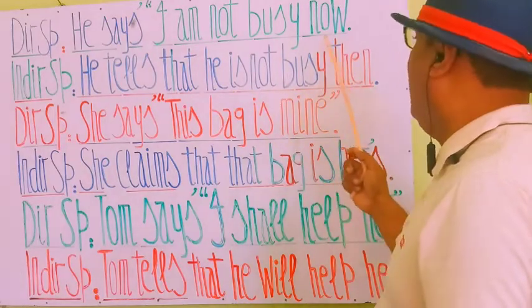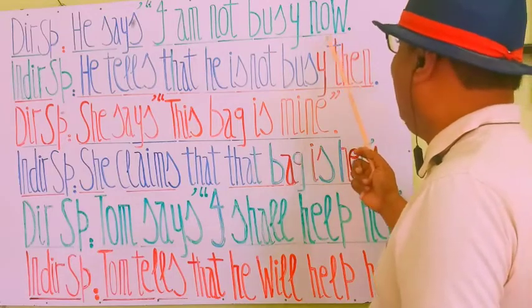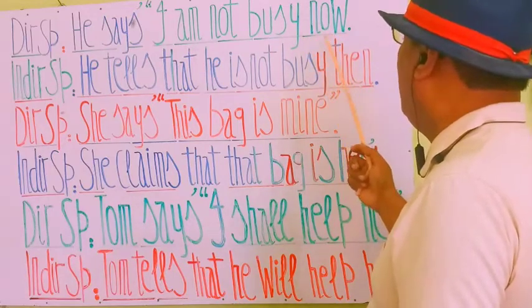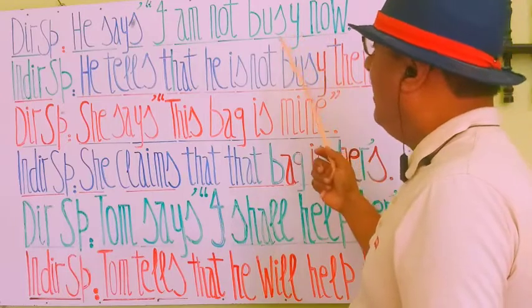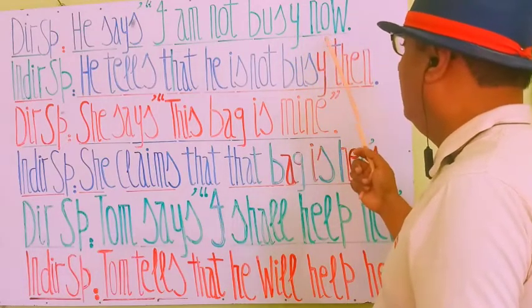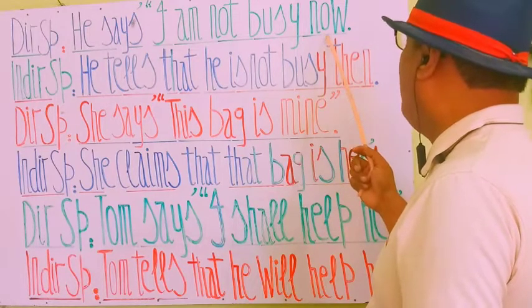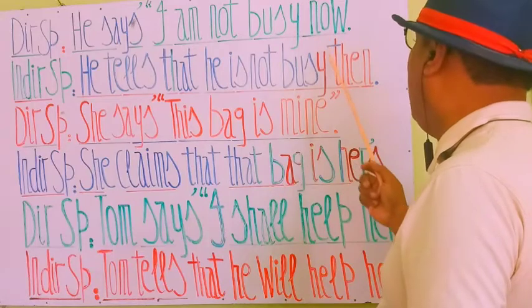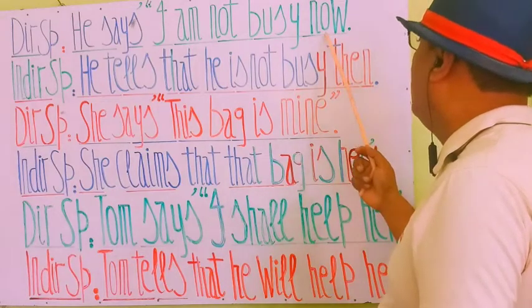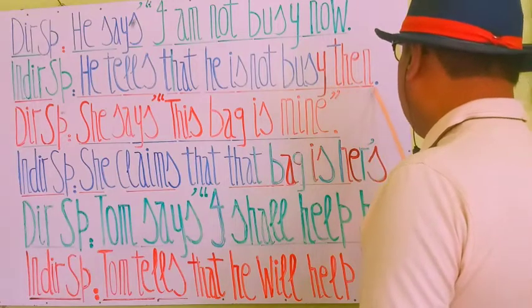Now we approach to the specific word now. By rules, they say that when there is a word now in a direct statement, when we change it into indirect, then we will change now by then. We will place now by then. So now is replaced by then as per rules say.